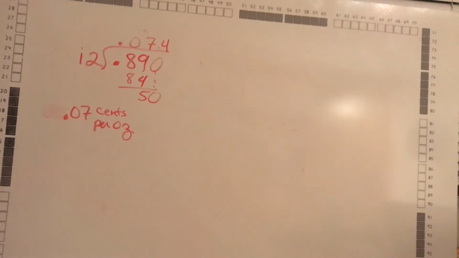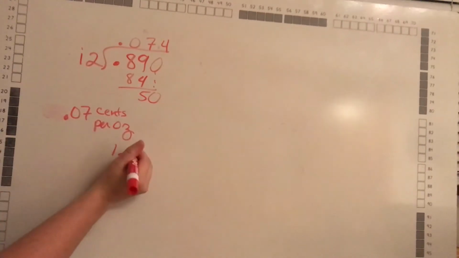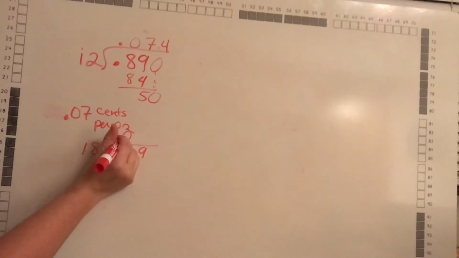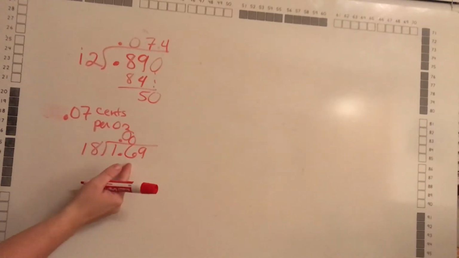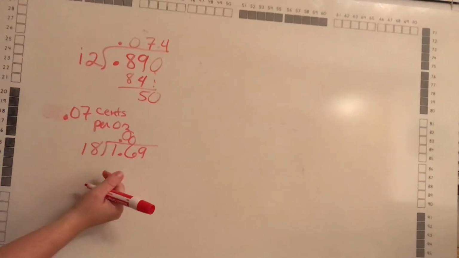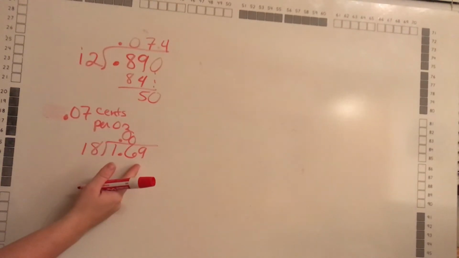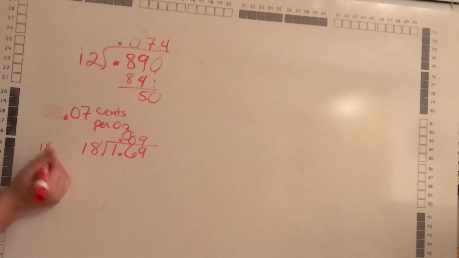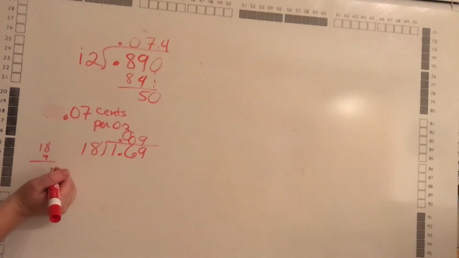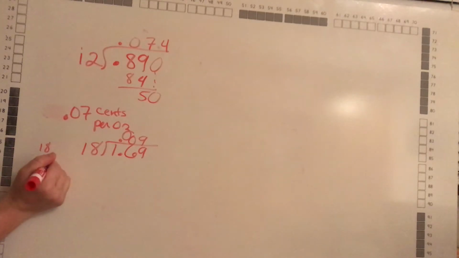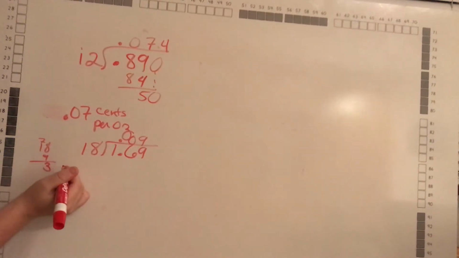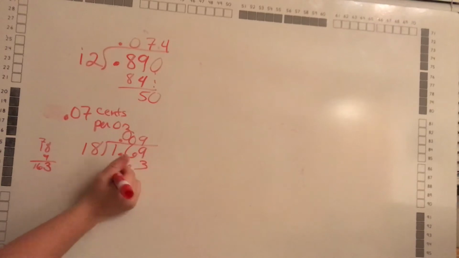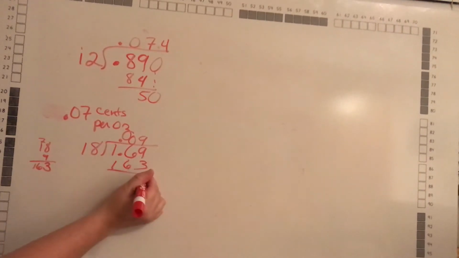Now let's do the math for the 18 ounce, and that's $1.69 divided by 18, and 18 does not go into 16, so 0, and then 169, try 9, times 8, 73, 9, so 163, 9 minus 3 is 6, 0.